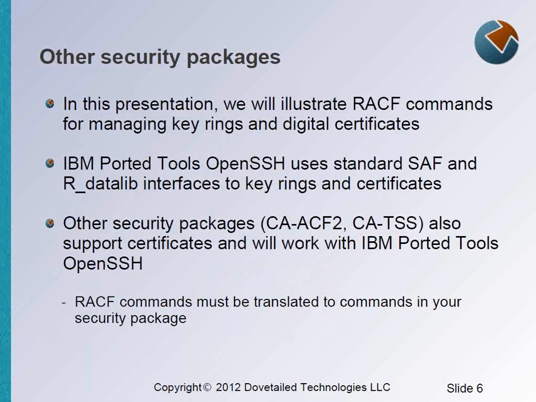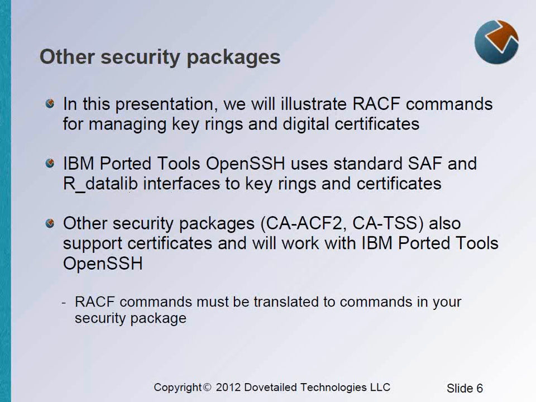Okay, so before we jump in, this is sort of a disclaimer. In this presentation, we're just going to demonstrate the RACF commands for creating key rings and certificates. However, Ported Tools OpenSSH uses standard interfaces. It uses SAF, and it uses specifically the RDataLib interface to get at key rings and certificates.